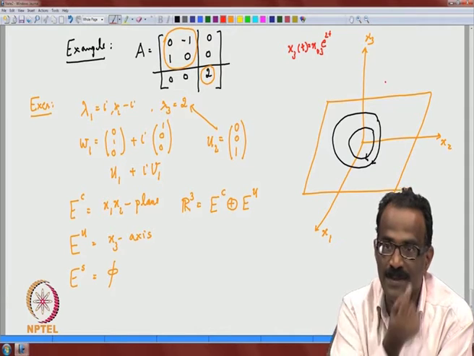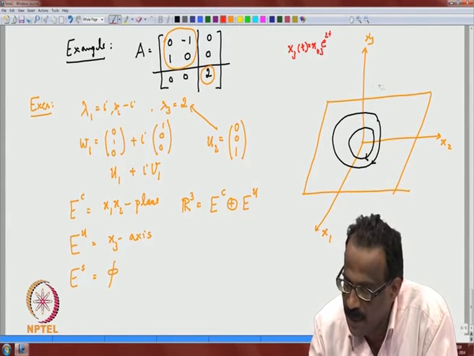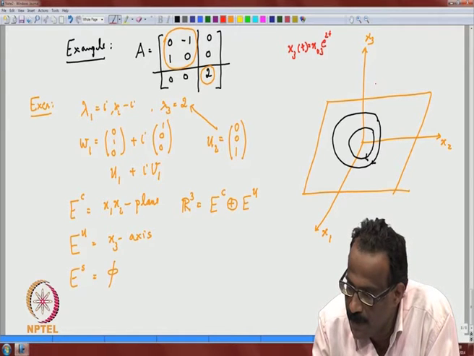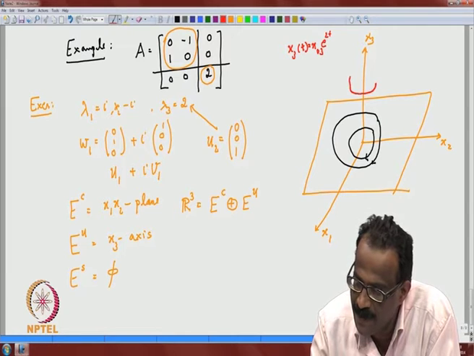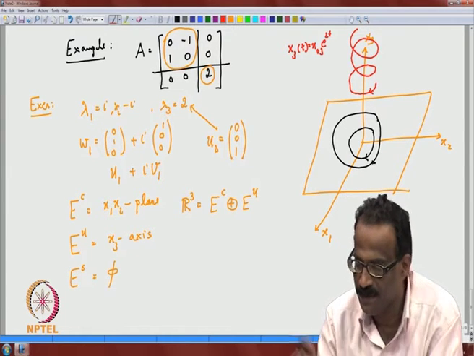So if you start from any point here, it will move like a center, but x3 will go up.